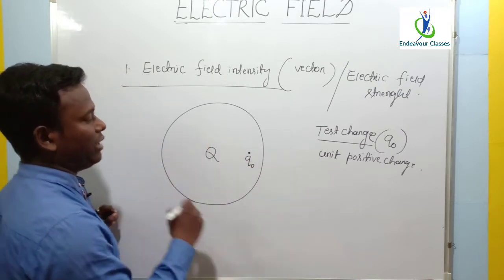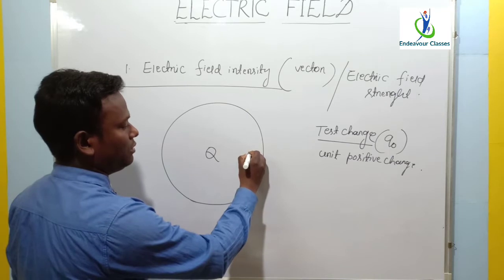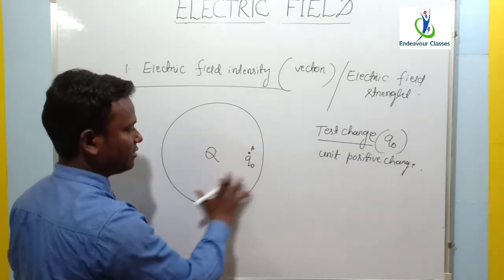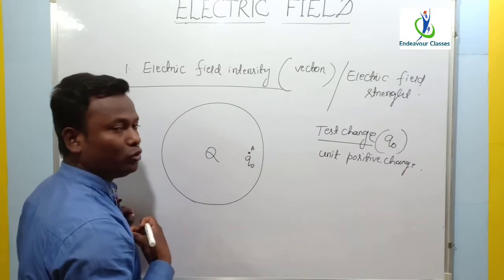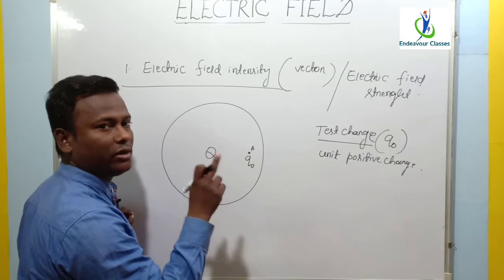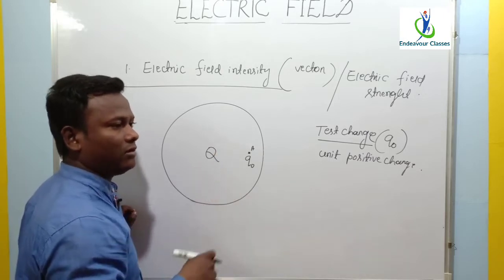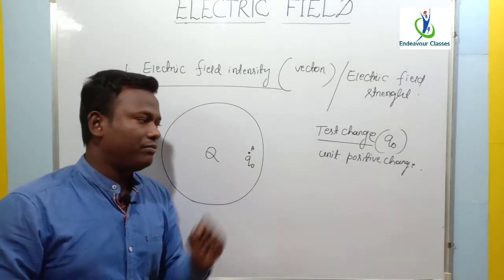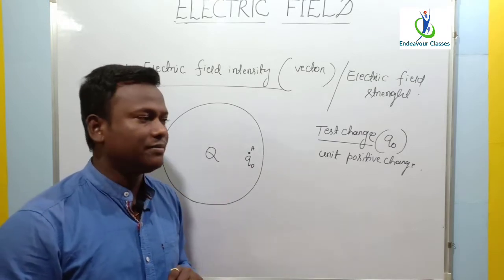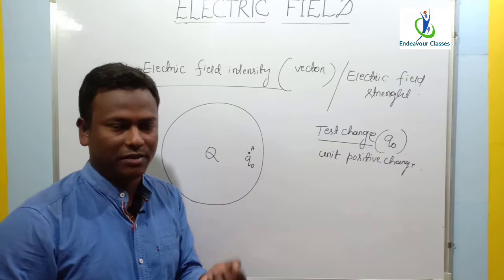That means if I want to calculate the electric field intensity at this point A inside this electric field, then what I have to do is place a test charge, otherwise called a unit positive charge. The charge must have a positive sign and its magnitude should be very, very small, that means 1 unit.